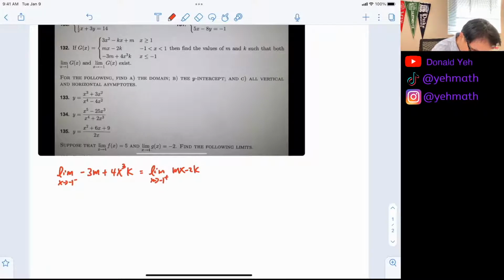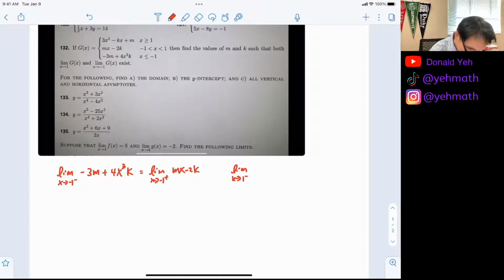Okay, and then x approaches 1 from the left side. Which equation will I use, Devin? 1 from the left.